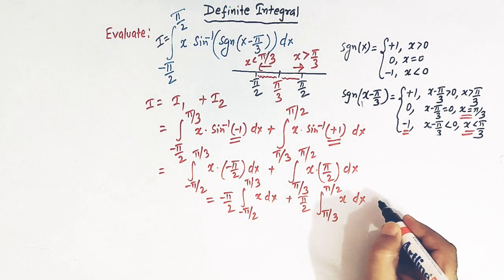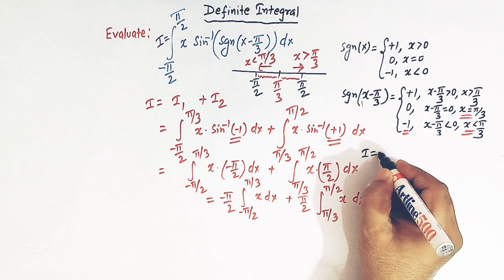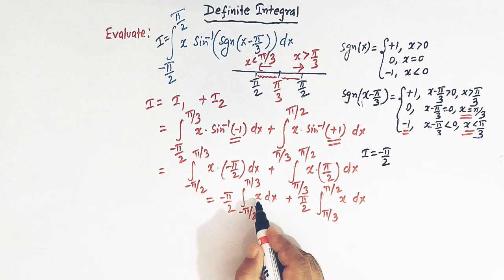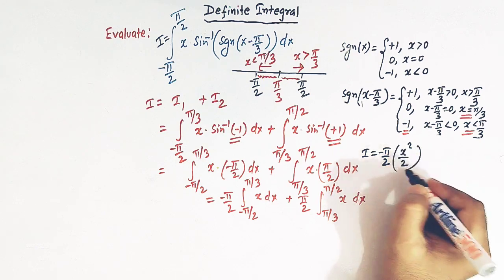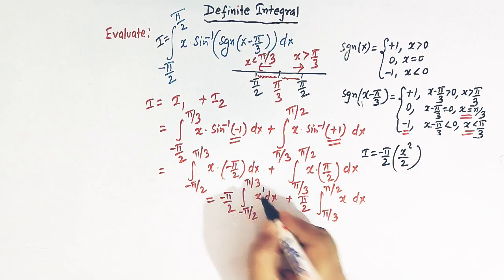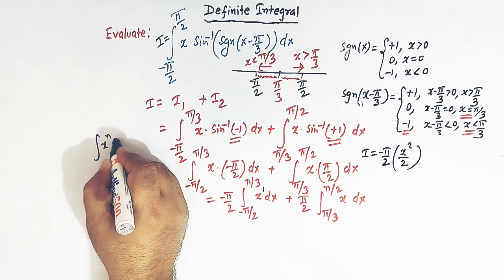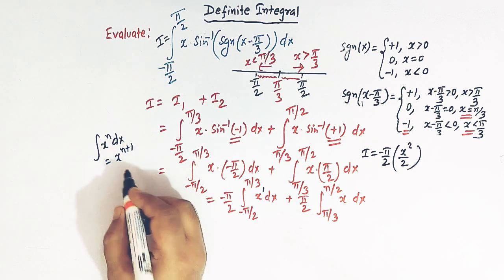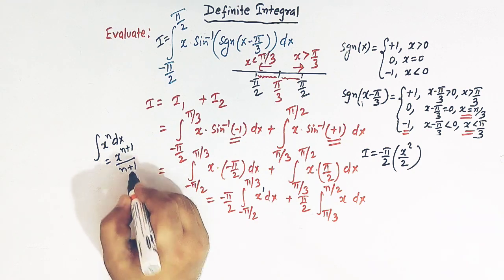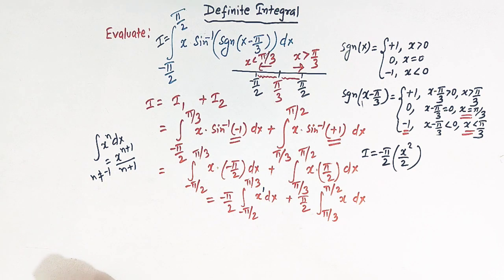So now we have I is equal to, here we have minus pi by 2. The integral of x is simply x square over 2, right? Because here the exponent is 1, and we are using this result, that is the integral of x raised to n dx is x raised to n plus 1 divided by n plus 1, provided n is not equal to minus 1, right?